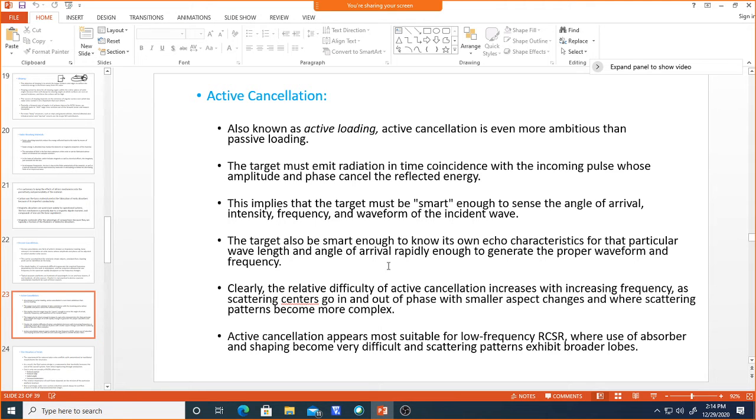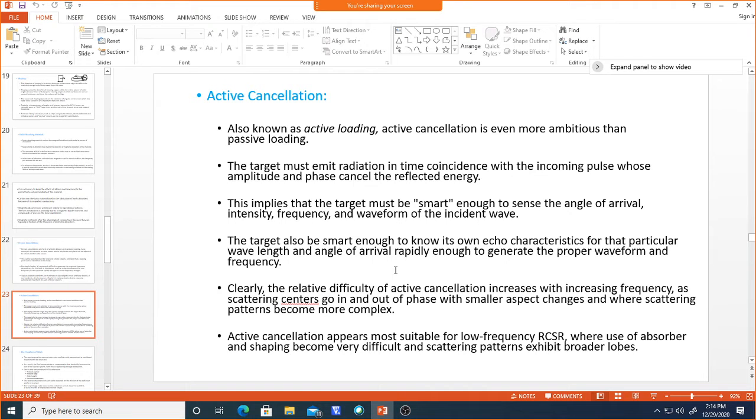And it should also know the echo characteristics. Echo means what type of reflections it needs to produce, for the particular wavelength and angle. Whatever angle of arrival it receives from the incident energy, it should be smart enough to reflect in the same angle of arrival with minimal energy, or cancel the incoming wave.